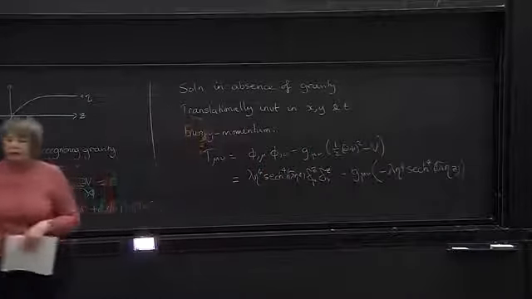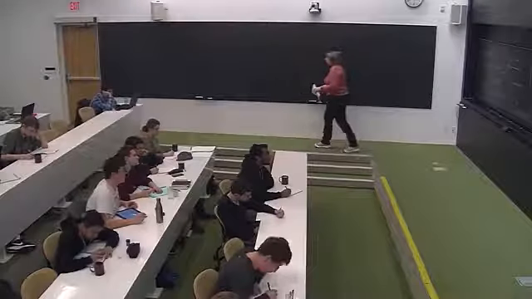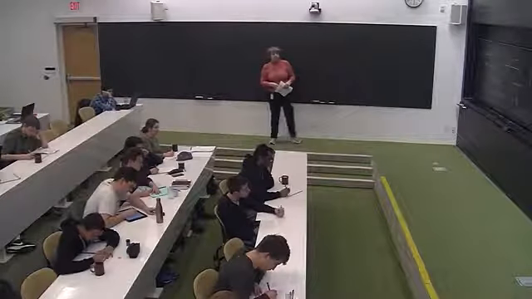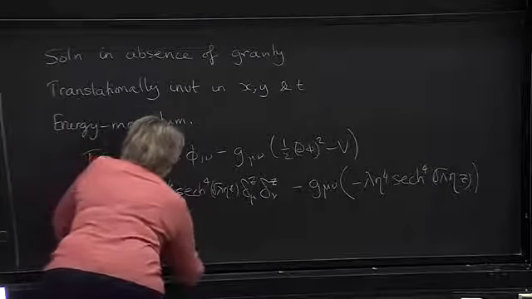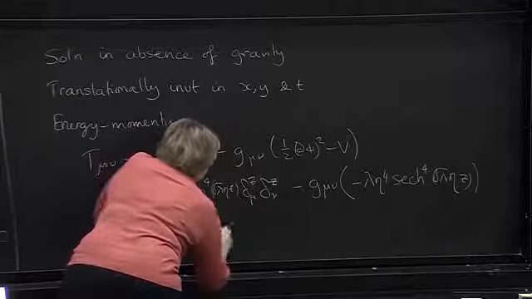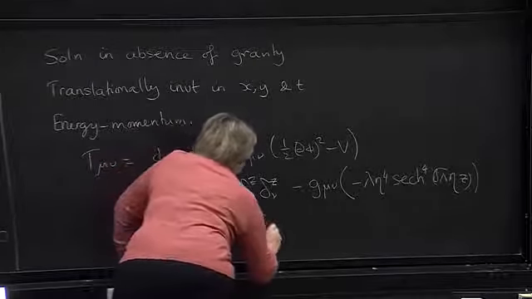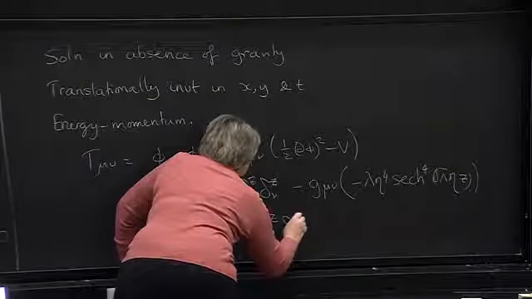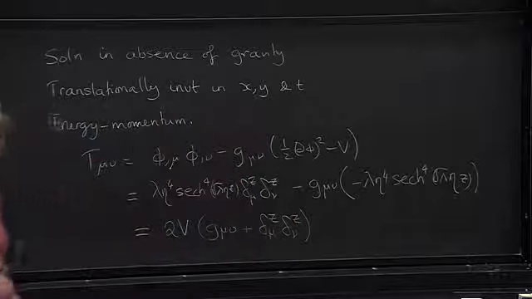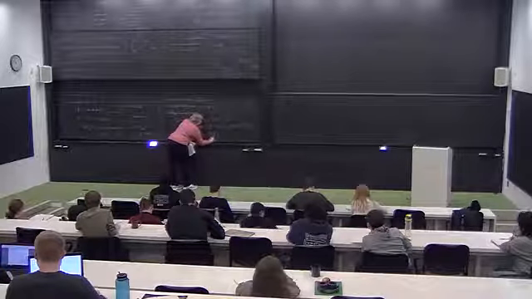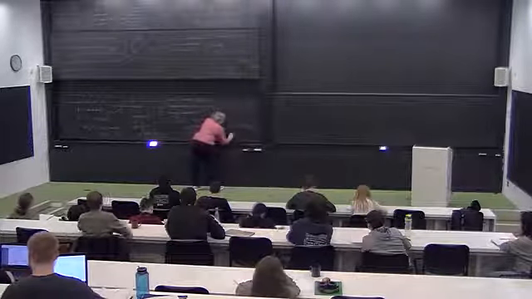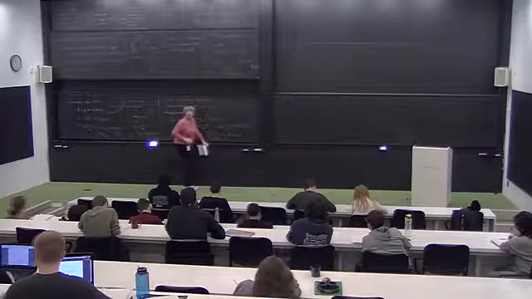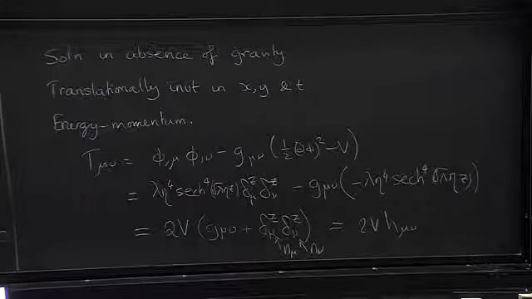So what I have for my energy momentum is a common profile in the z direction times, if I look at it, let me pull out my common profile, which is just 2v, times this g mu nu plus delta mu z, delta nu z. But this is just like n mu, n nu. So this is 2v h mu nu, where h is the induced metric at z equals 0.